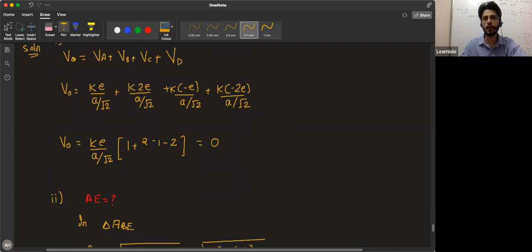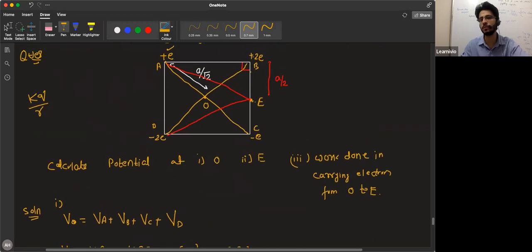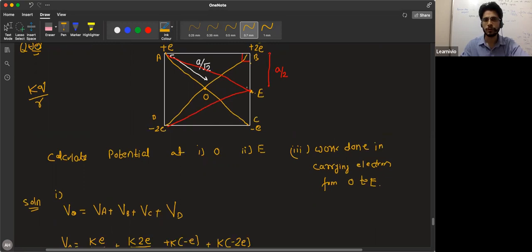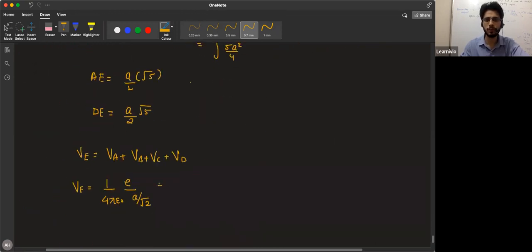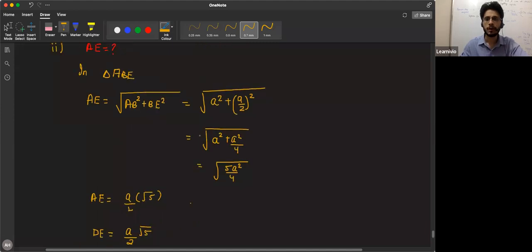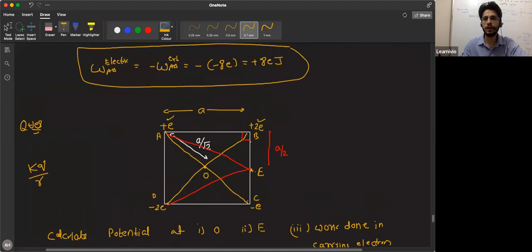Similarly, if you want to calculate potential at E due to charge at B, charge is 2E and separation is A by 2. So this expression will be 1 over 4 pi epsilon naught, 2E, separation A by 2. Then you have here C, the separation is A by 2 again.